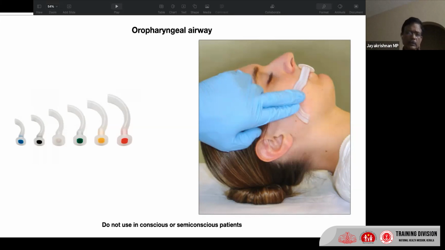If you choose a very small oral airway, it can push the tongue further backward into the airway, causing further obstruction. Or if you use a bigger one, the oropharyngeal airway itself can block the airway. So it's vital that you choose the correct size.